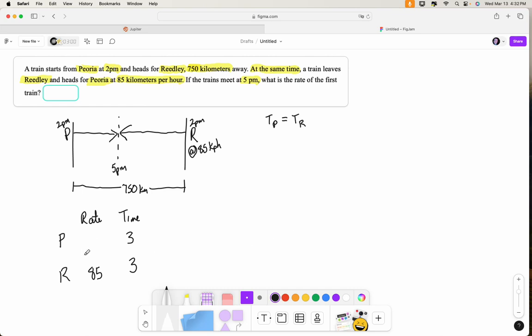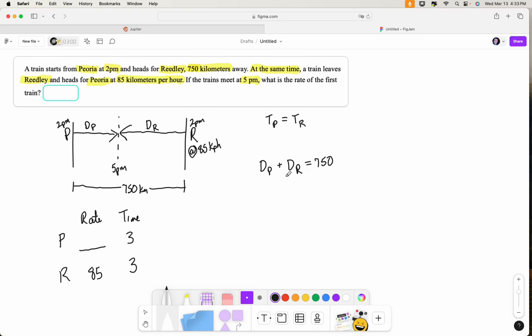So all we don't know is the rate of the Peoria train. But what we can see here is that the distance of the Peoria train plus the distance of the Reedley train is equal to 750 kilometers.